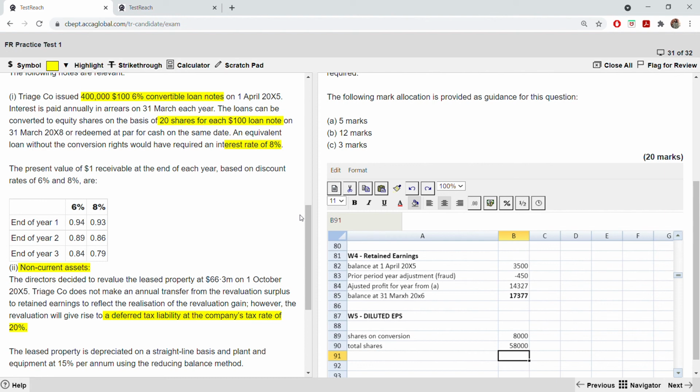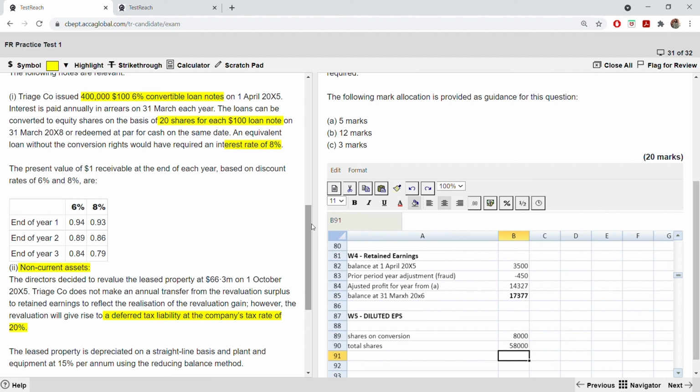What is the loan interest saved? You need to know the loan interest saved. Why? You need to know earnings per share, and in the earnings, loan interest will come. It's an expense. So how much have you saved? When a loan is converted to shares, before, you were paying interest on the loan, correct?